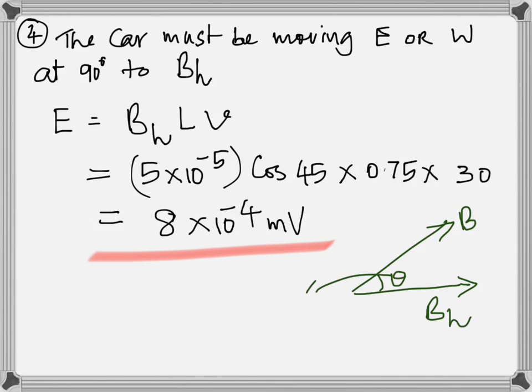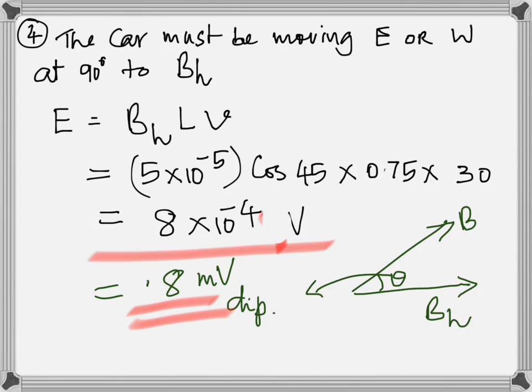So that's B, BH, okay. So we can find BH by B cos 45, and that is what has been done here.